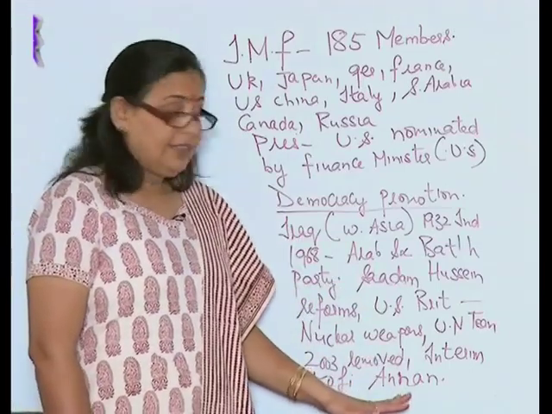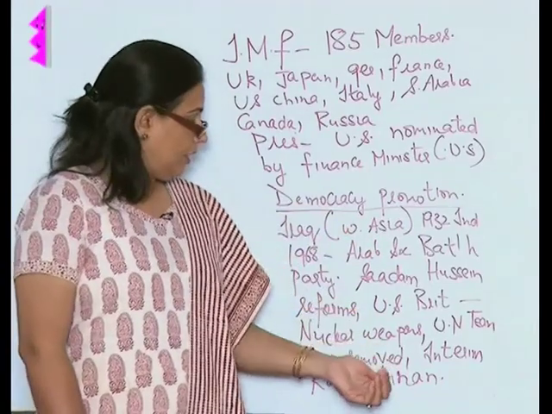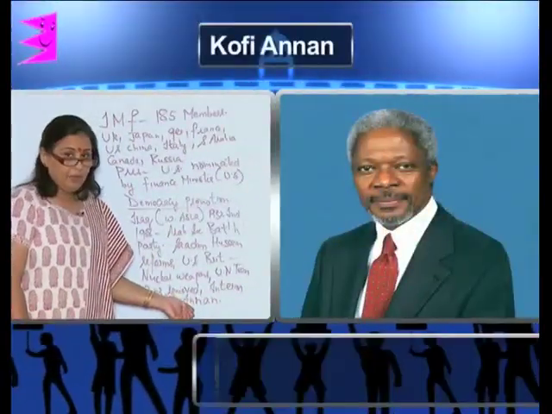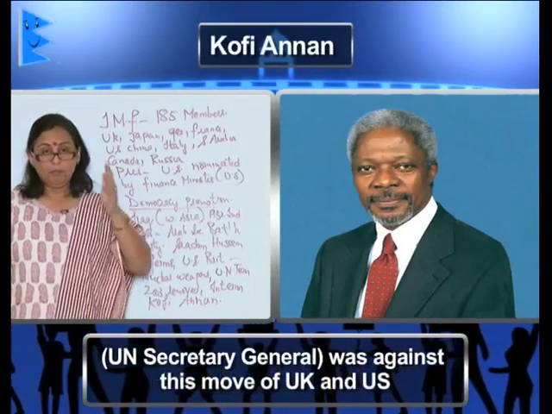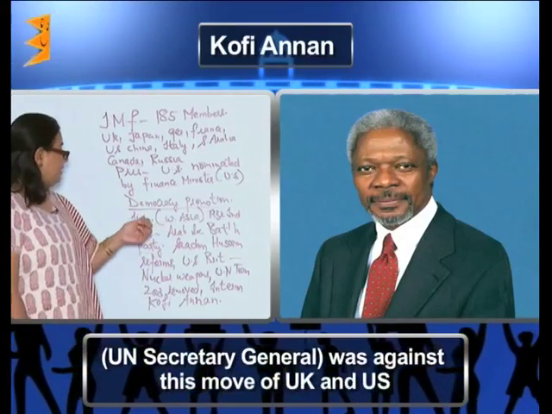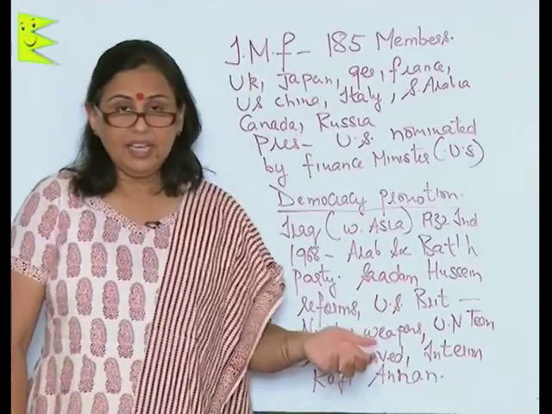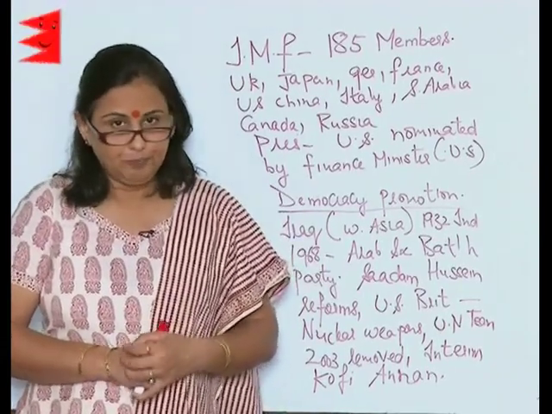And the then head of the UN, Kofi Annan, was against this move of both the countries, UK and US, against Iraq, and criticized this attack as unjust and illegal.